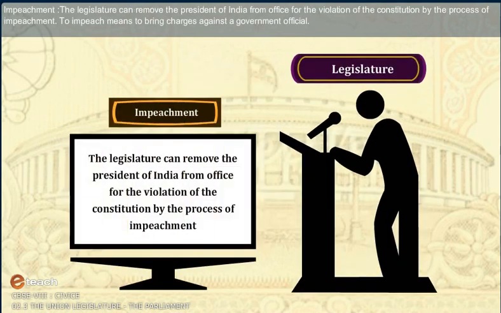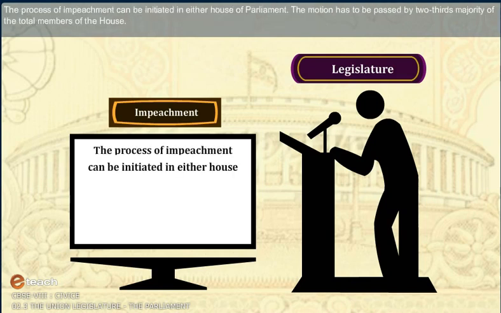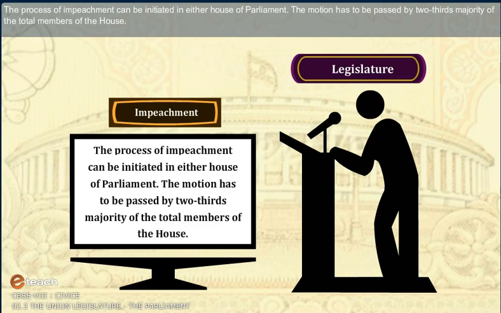Impeachment. The legislature can remove the President of India from office for the violation of the Constitution by the process of impeachment. To impeach means to bring charges against a government official. The process of impeachment can be initiated in either House of Parliament.